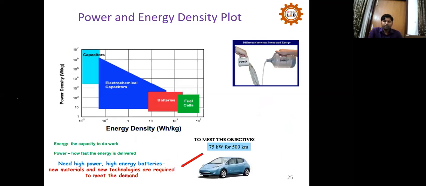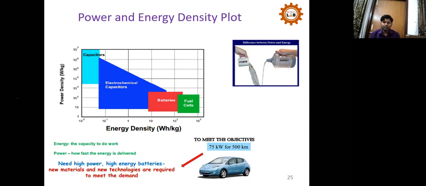Then, earlier I have mentioned power and energy. So here you can see power and energy. Energy is the total energy available, and power is what you are drawing from batteries. If you are drawing more current at a time, or want to take more energy from the system, people choose based on the requirement.